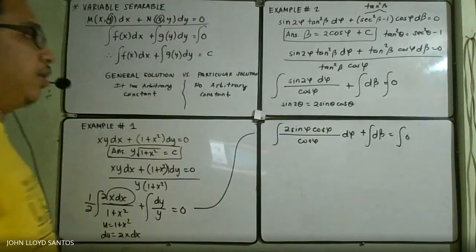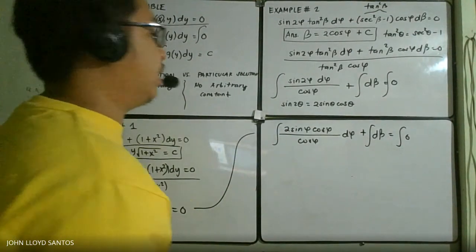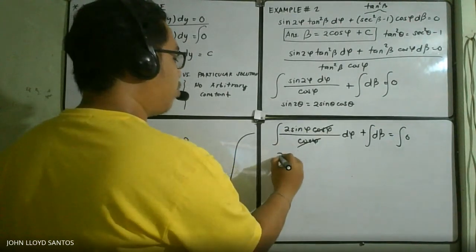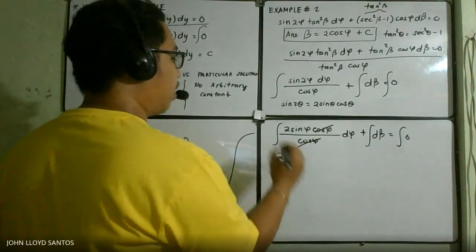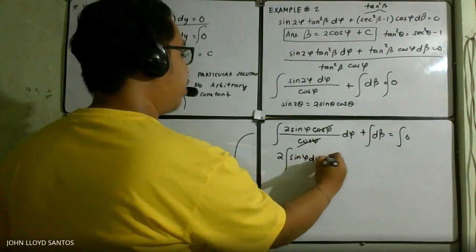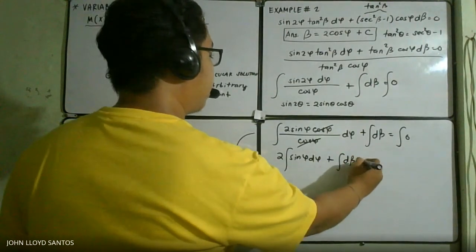Kapag nag-integrate ka ng 0, it's constant c. So, here, makakancel po yung ating cosine. So, we have 2. Labas ko yung 2 kasi hindi naman siya apektado ng integration. So, sine phi d phi plus integral of your d beta is equal to 0.